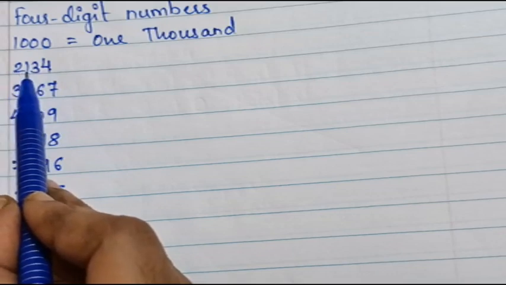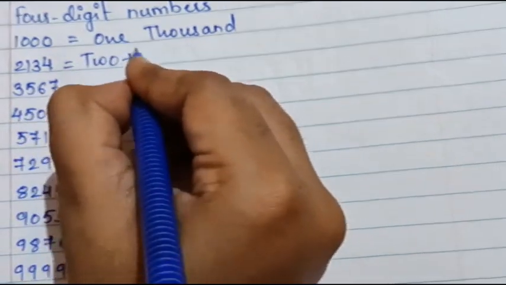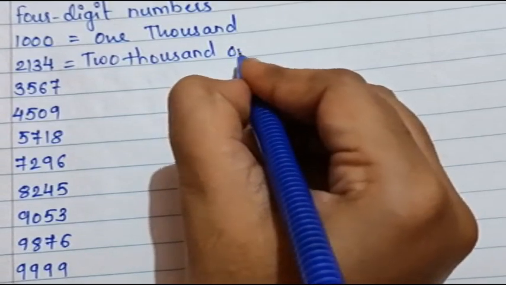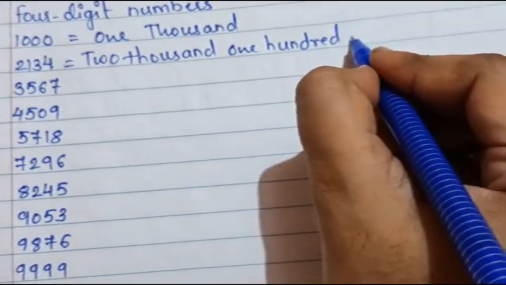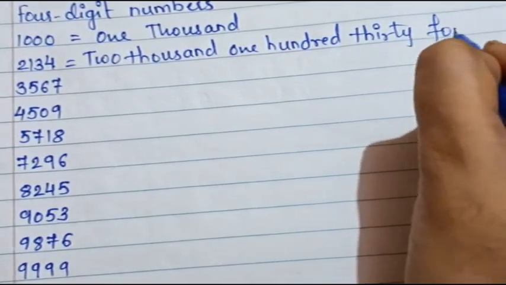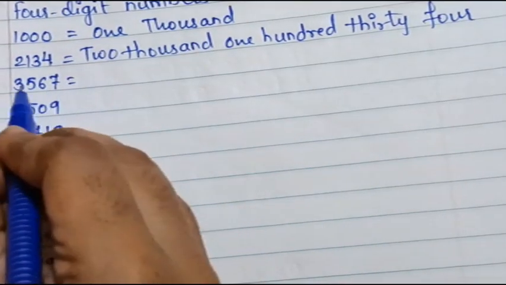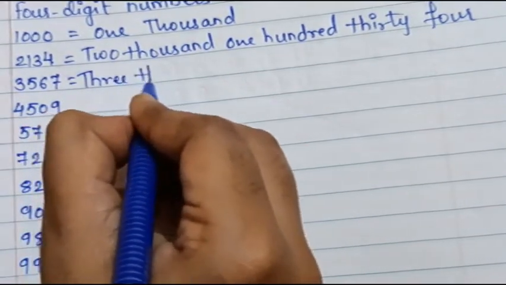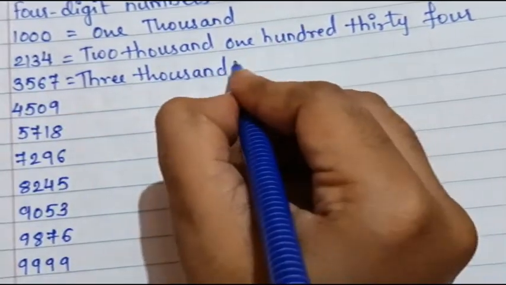So we'll write it as 2134. Then 3 is at the thousands place, so 3567.